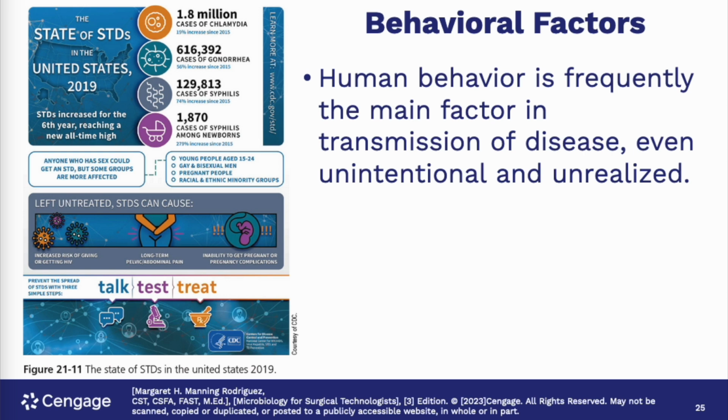We also have human behavior. Human behavior plays a major role in the spread of diseases, often unintentionally. Behavioral factors that can help control or prevent disease transmission include STIs. These can be reduced or prevented through safe sex practices, regular screening, abstinence, and avoiding risky behavior.